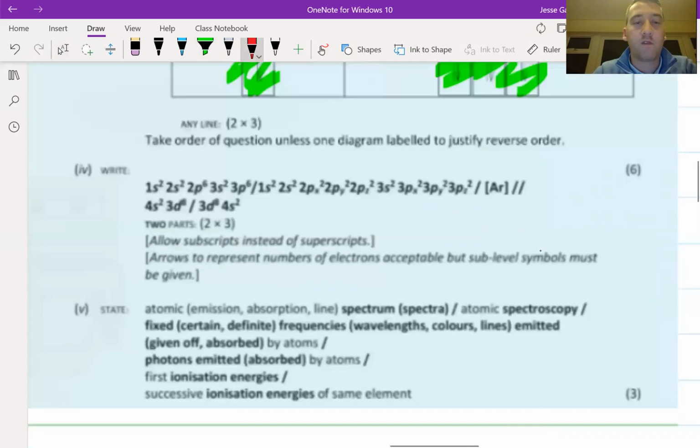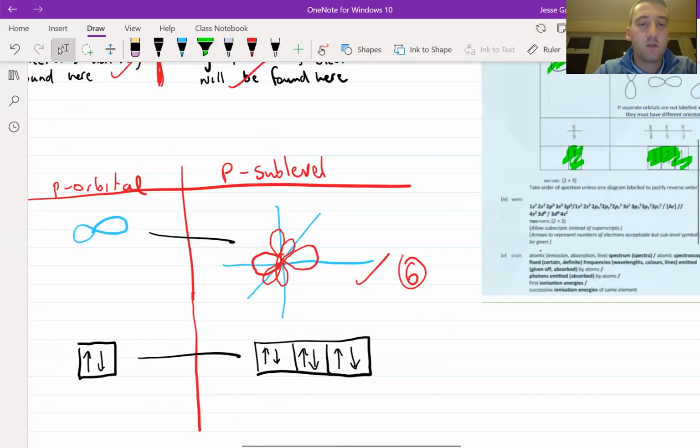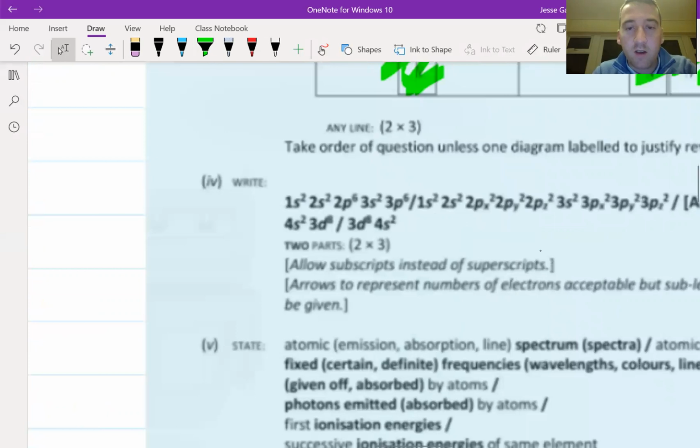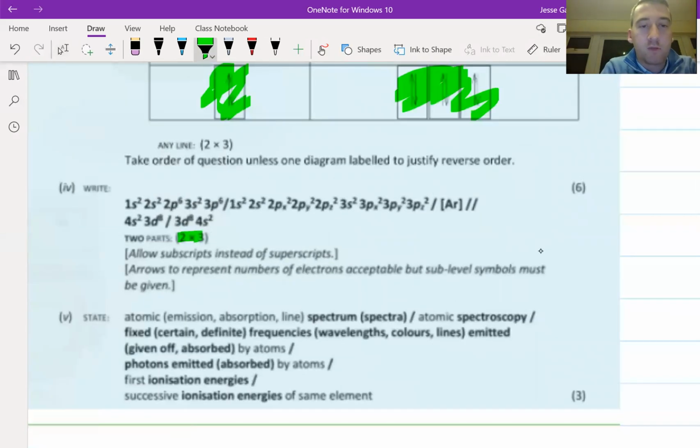Next one was the configuration of, which element was it again? Nickel. And let's just check it out. It was split over 2 lines, so 2 parts. The first part was this bit up here, any of these versions here before that double line.